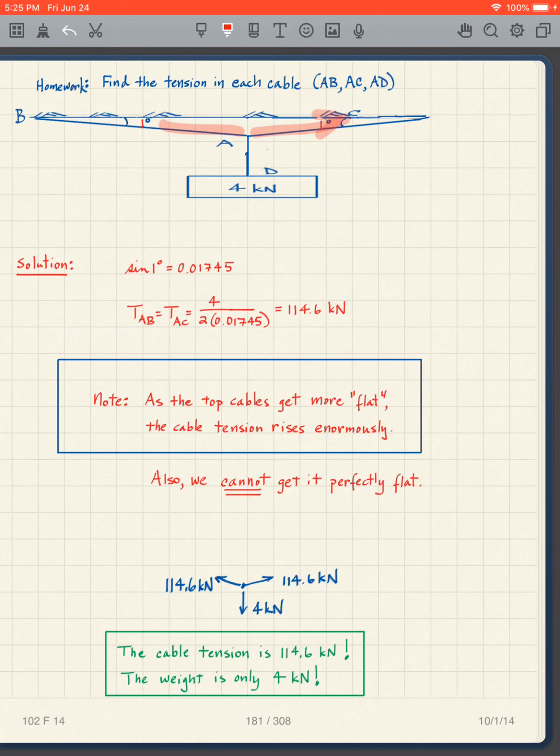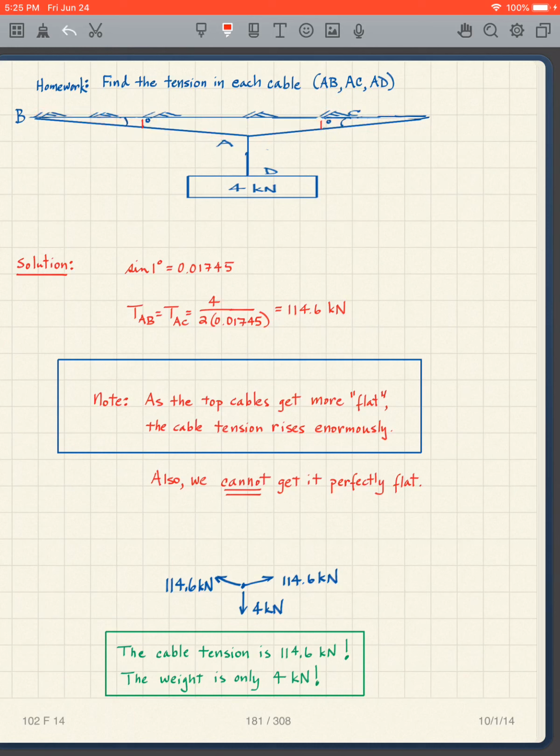So we have to have a cable that can handle 114.6 kilonewtons to support just 4 kilonewtons when we want to make this very flat, in a sense, horizontal. We're getting closer to being horizontal when we only have 1 degree.